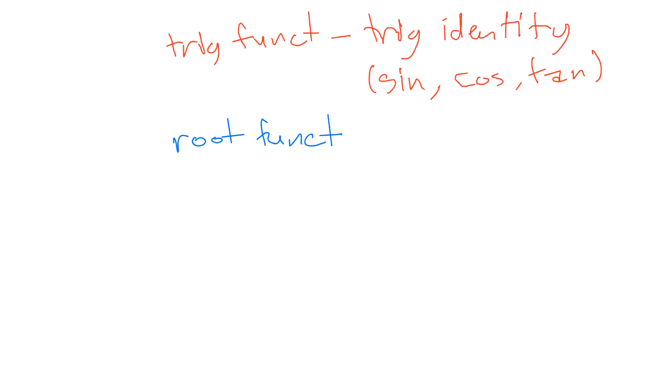And those are going to be defined as f of x equals x to the 1 over a. Or essentially, that's another way of saying the a-th root of x.